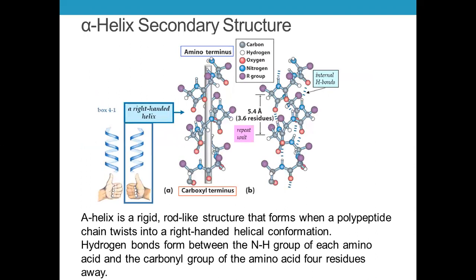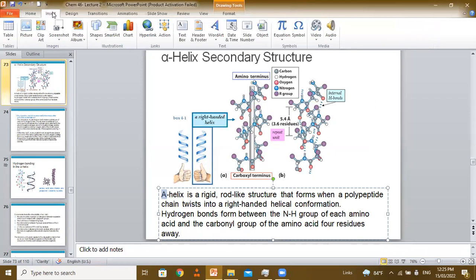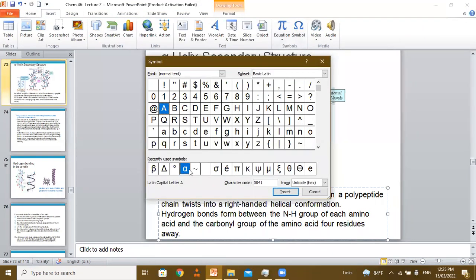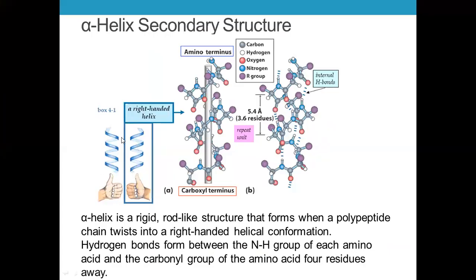So the first structure of the secondary structure that we'll be talking about is the alpha helix. The alpha helix is like a helix that you can see. In the protein, we start from the N terminus end to the carboxy terminus end.